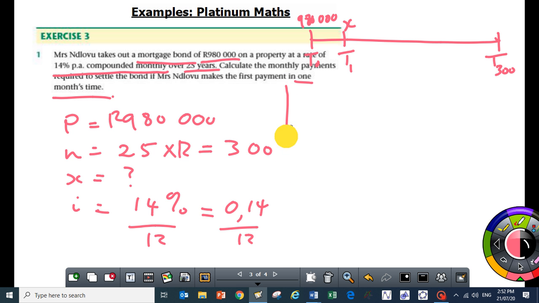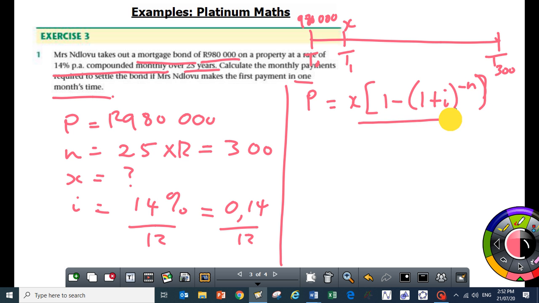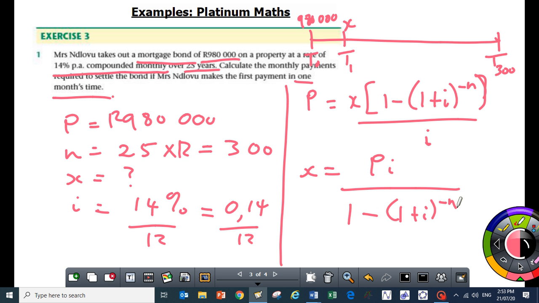Then I just have to substitute those constants. So my formula, P equal to x times 1 minus 1 plus I raised to the power of minus n, all over I. I've got P, so I'm going to make x the subject. So x will be equal to P times I, all over 1 minus 1 plus I raised to the power of minus n. And then I need to substitute that.